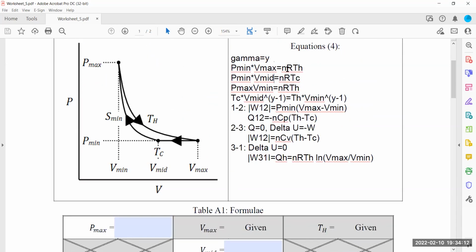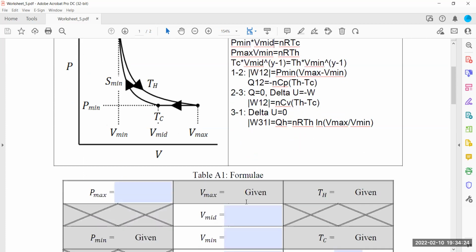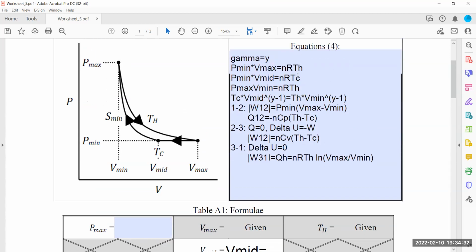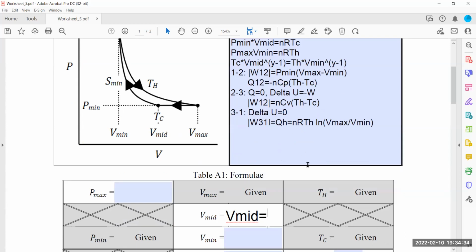Okay? But if I take the ratio of these two expressions, Vmid over Vmax is TC over TH, because this pressure cancels that pressure, n cancels that n, and R cancels that R, and that gives me in here Vmid equals TC over TH times Vmax.